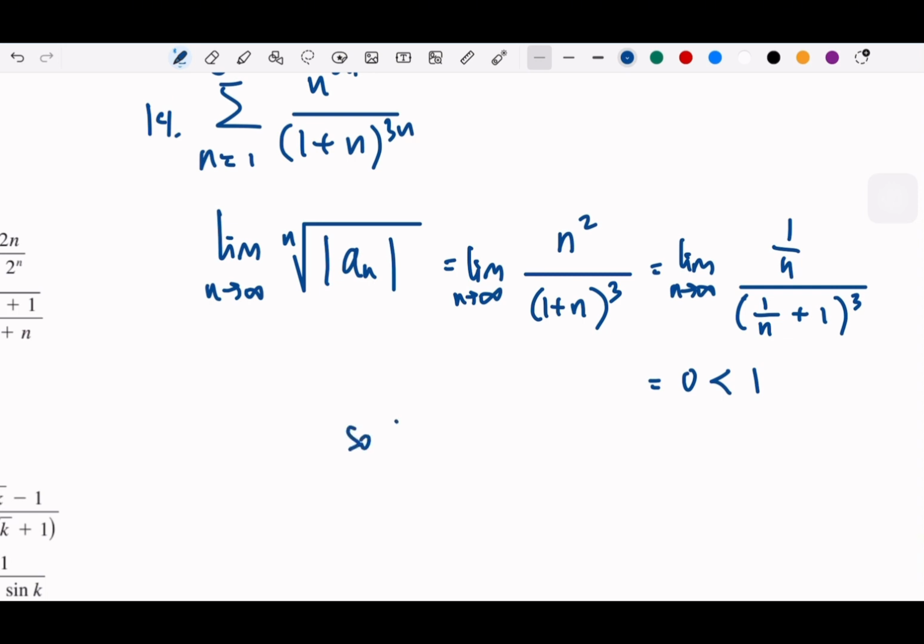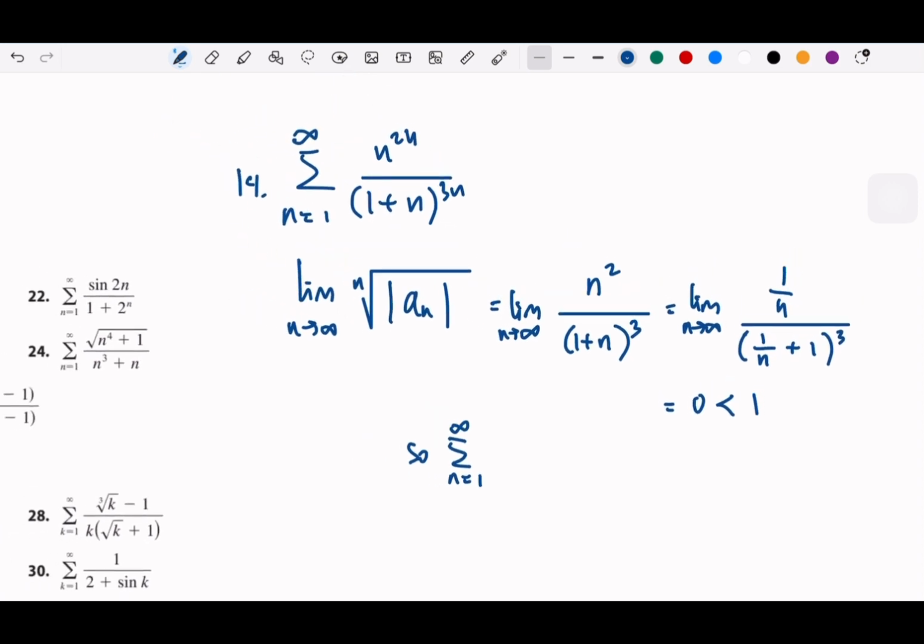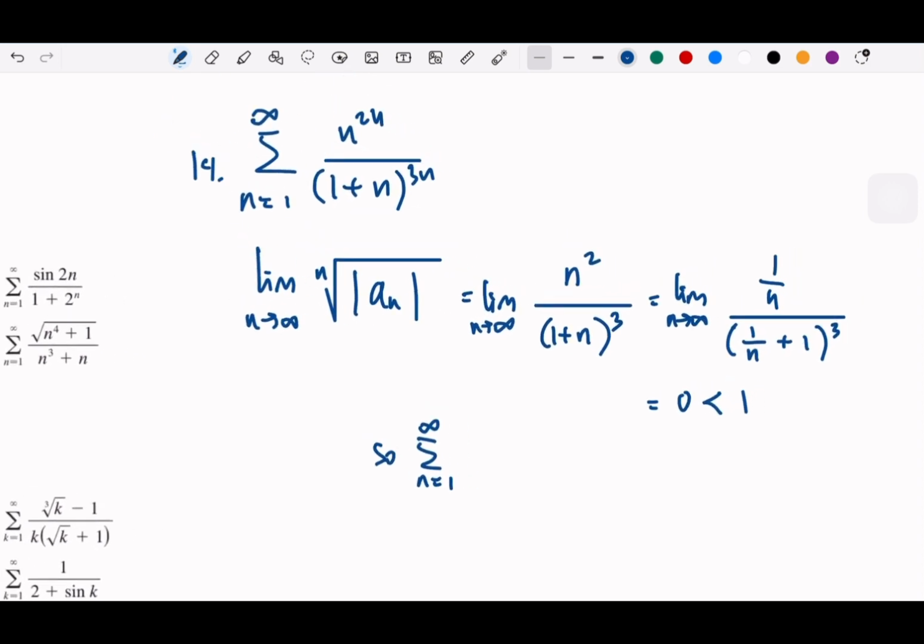So the series, remember in root test, you can have the limit be positive, greater than 1, or less than 1. If it is equal to 1, then you need to use another method. Is divergent by root test.